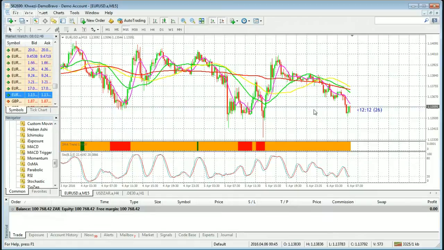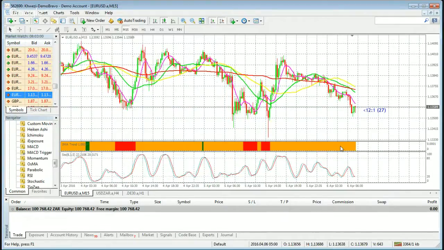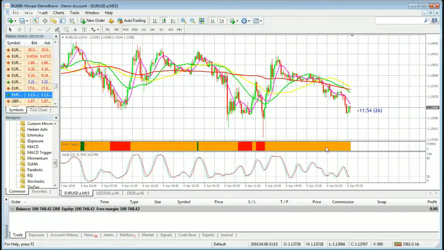At this point in time, the chart is going down, but it's consolidating. You can see it because the lines are not moving in order, and therefore we've got this being yellow. So we're waiting for the lines to get into the proper order.